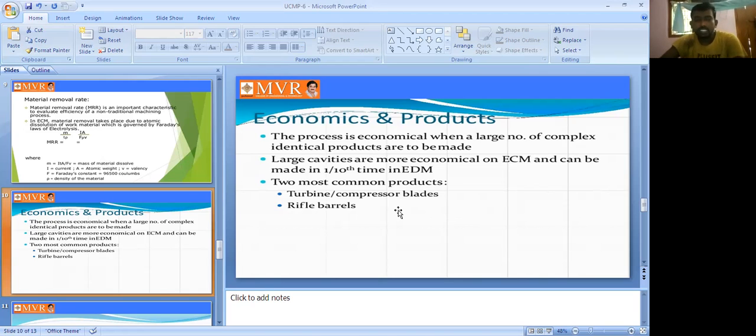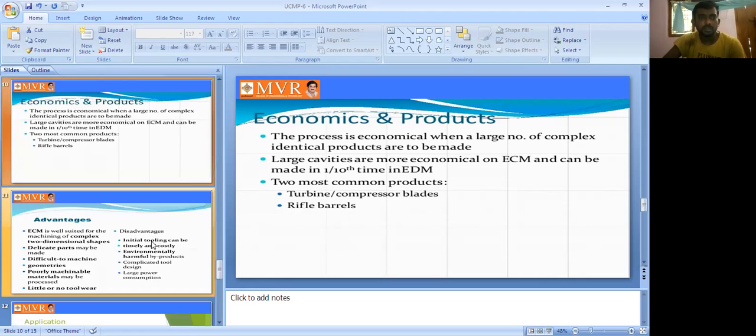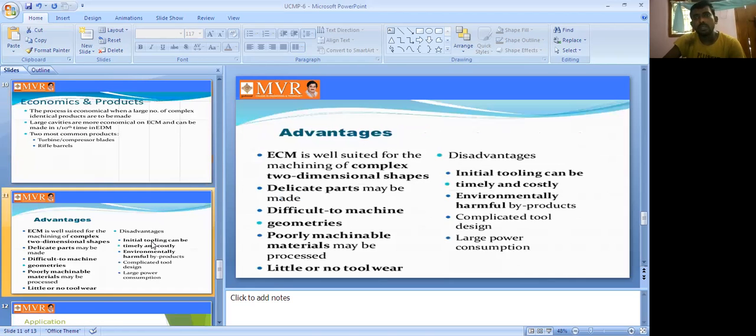Next, we can see the advantages of ECM, a very important one. ECM is well suited for machining complex two-dimensional shapes. Very complex shapes for two-dimensional parts can be manufactured using ECM. That is one of the main points. Delicate parts may be made, or we can call them brittle parts also.